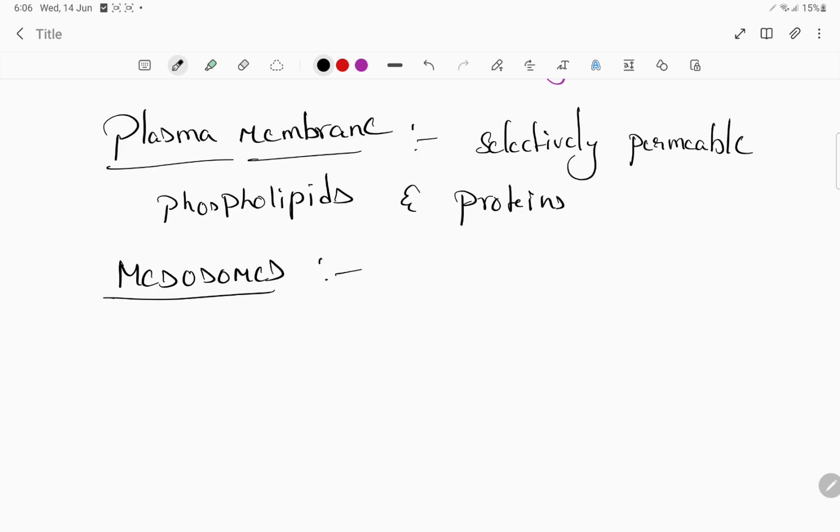It is a characteristic feature of prokaryotes. It is in the form of vesicle, tubule or lamellae.